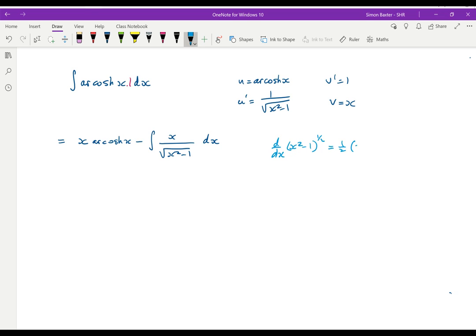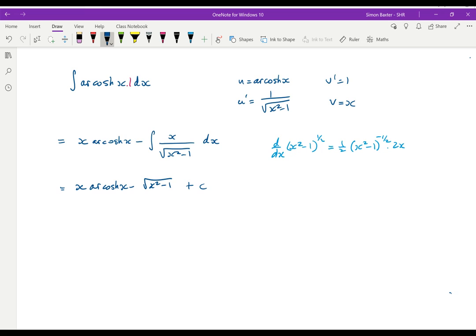Half x squared minus 1 to the minus a half times 2x. So it's exactly equal to the integrand. This tells us now, therefore, that we've got x arcosh x minus root x squared minus 1 plus c.